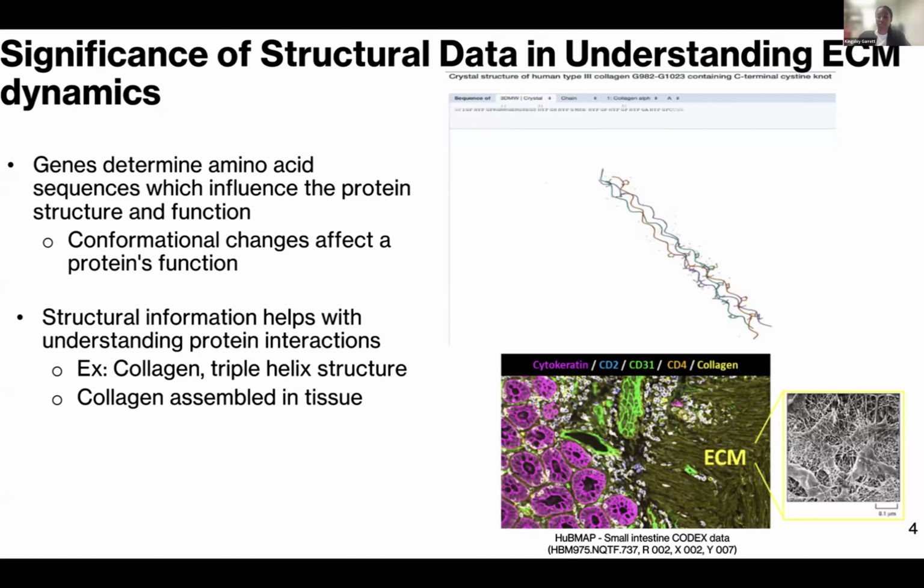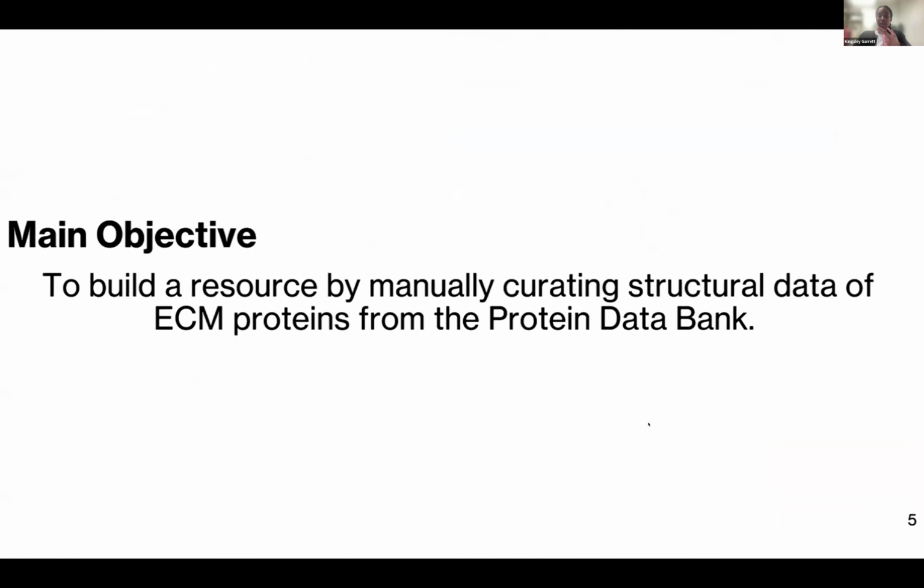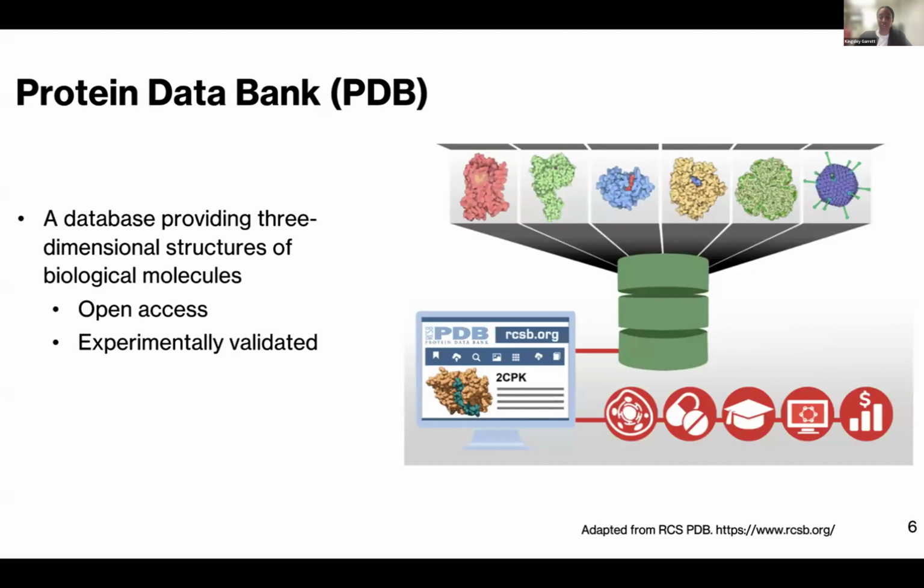And so that brings us to the main objective of our curation efforts, which is to build a resource by mainly curating structural data of the extracellular matrix proteins from the protein data bank. And so what is the protein data bank? It is a database that provides three-dimensional structures of biological molecules. And so the two main reasons why we're using the protein data bank are, first, it's an open access resource that we can use.